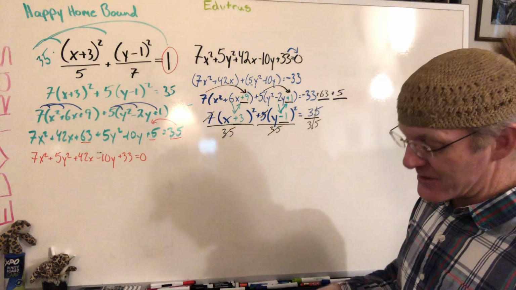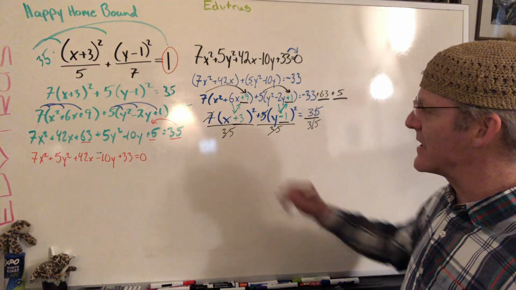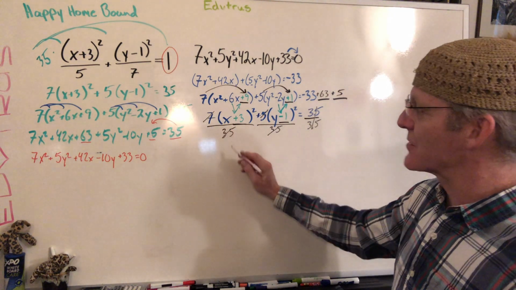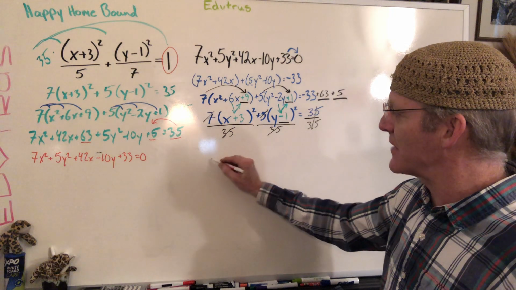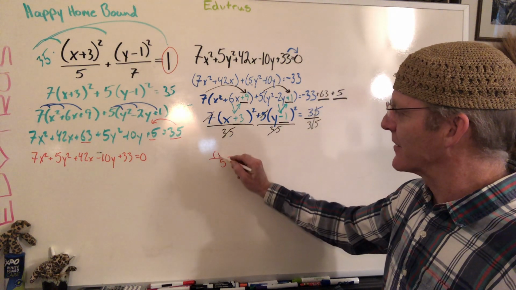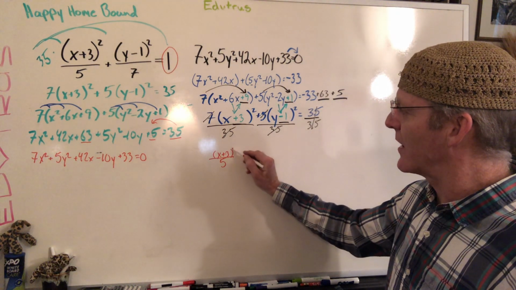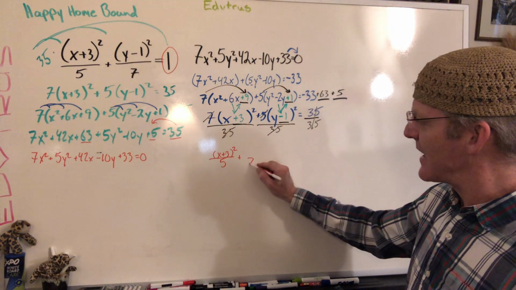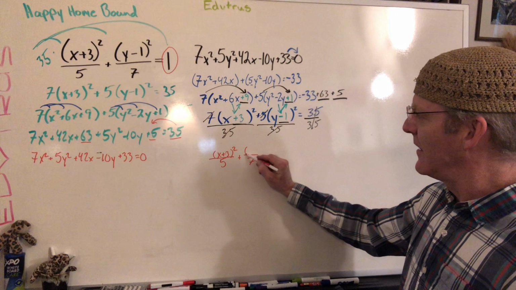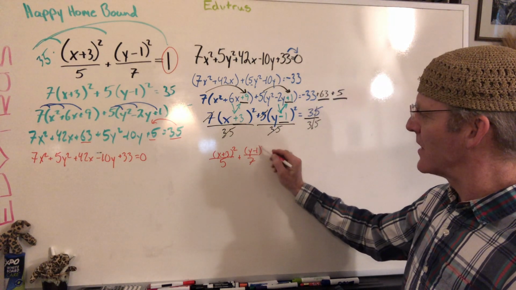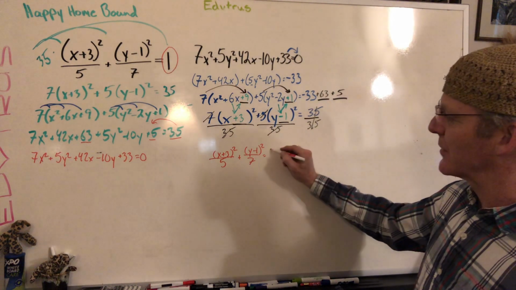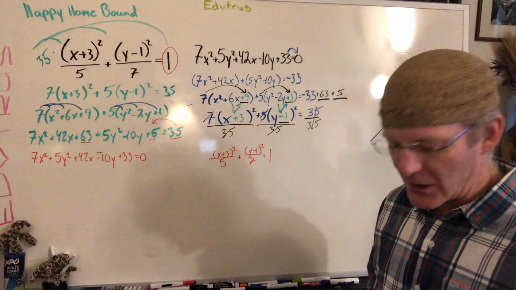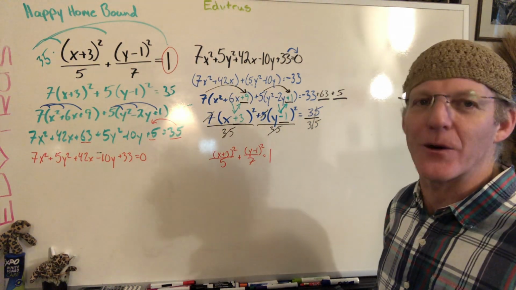We're going to get our final answer now, where we see 7 goes into 7 once, 7 goes into 35 5 times is our denominator, under the (x plus 3) squared. Over here, 5 goes into 5 once, 5 goes into 35 7 times is left over, the (y minus 1) squared, and 35 over 35 is 1. And there we are, right back to our original equation.